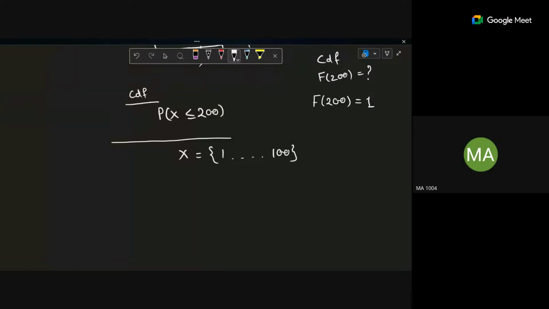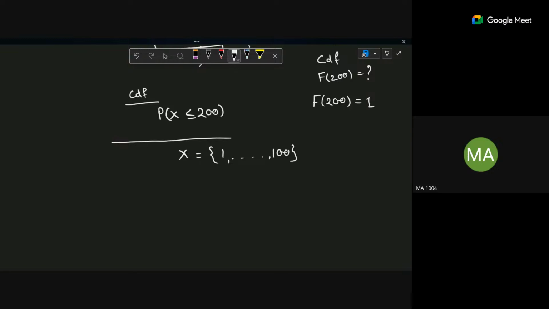Tell me whether it will be discrete or continuous at that time. Discrete, right? So it will be easy to calculate how many people chose 1, 2, 3, and so on.